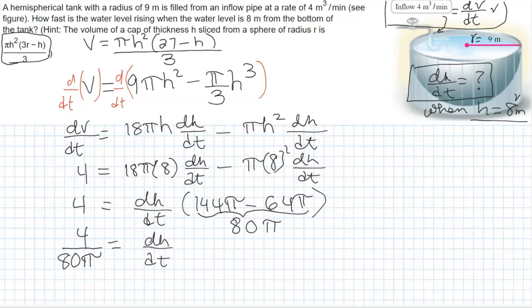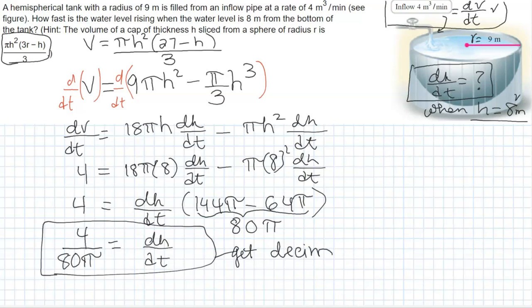If you want to, you can get a decimal approximation. I think in my math lab, it will ask you for a decimal approximation. We're talking about dh/dt, and h is being measured in meters and t is being measured in minutes.